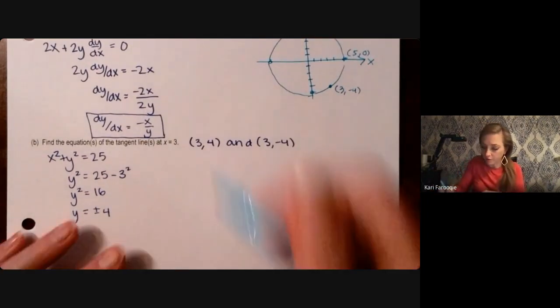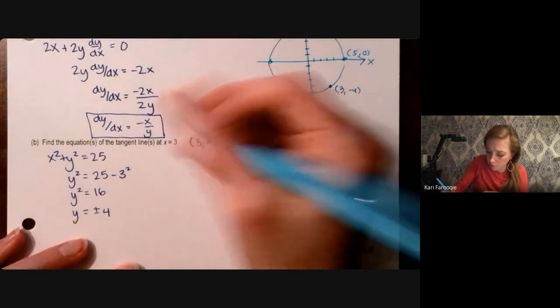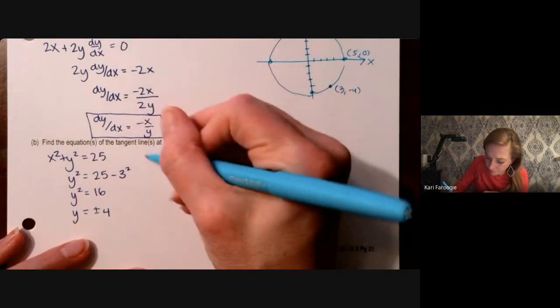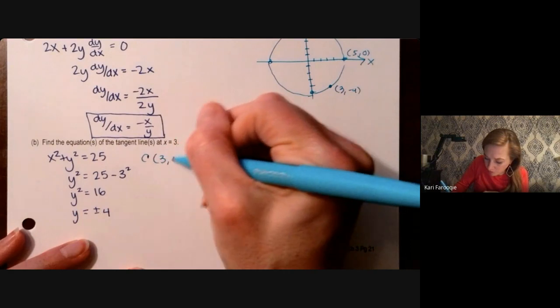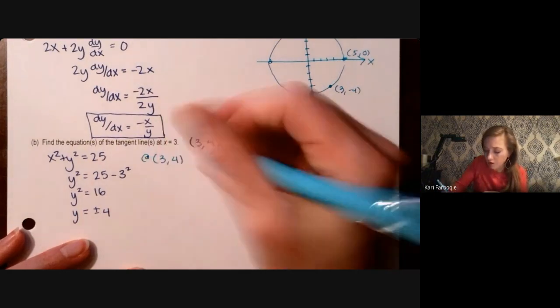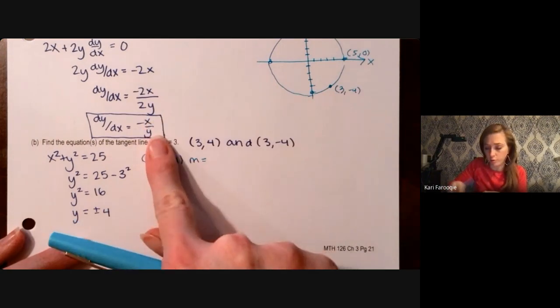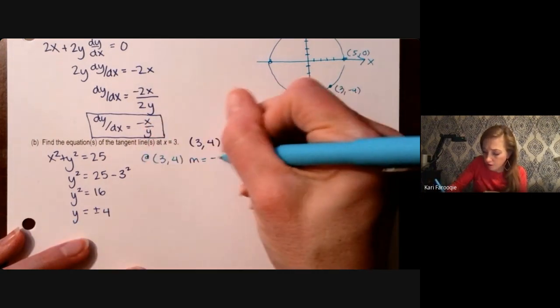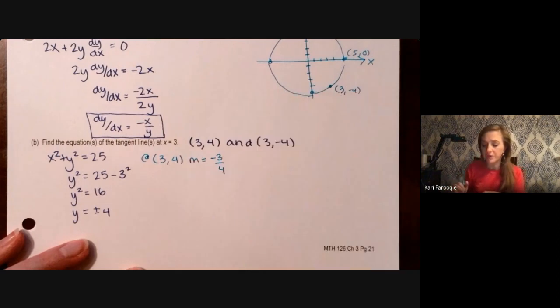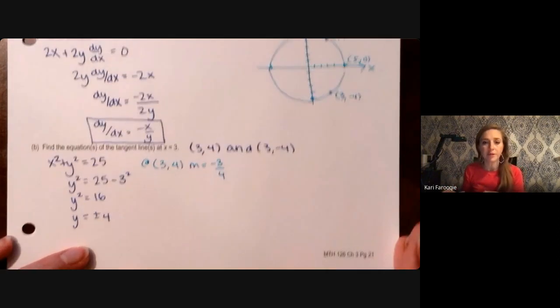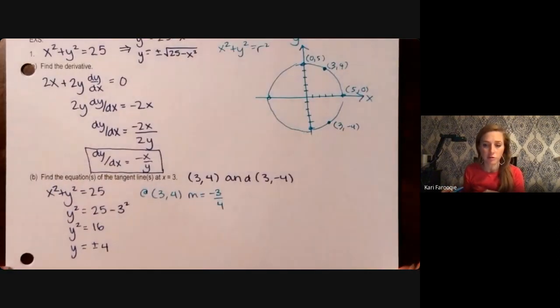So let's focus first on the point (3, 4). At the point (3, 4), we have m equals -x over y, so -3/4.